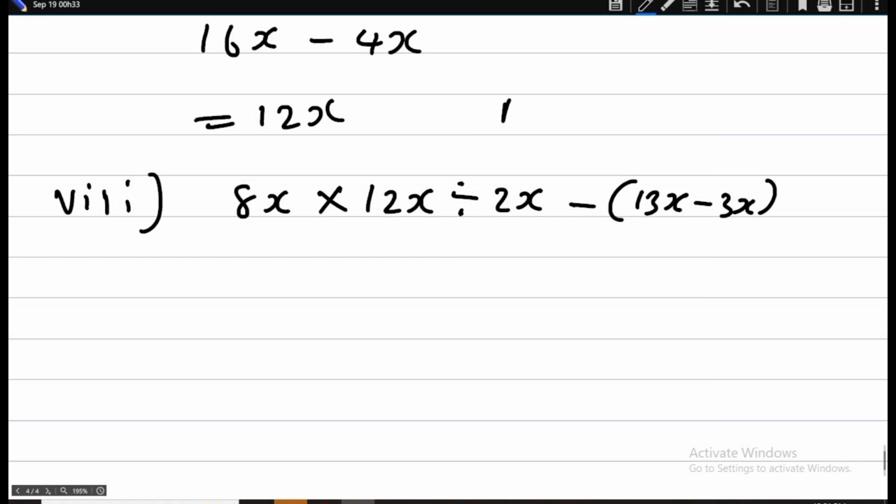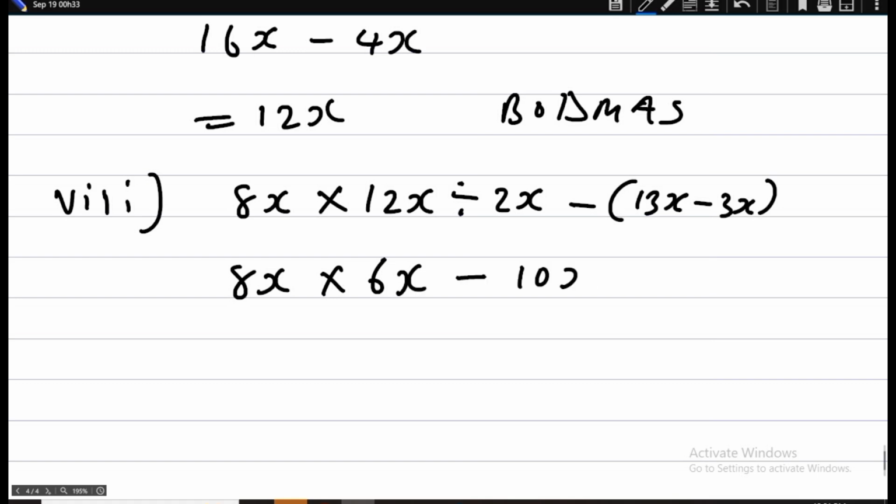Let's do the divide first. 12x divided by 2x will give you 6x. So I have 8x times 6x, then minus, inside there I'm having 10x. 8 times 6 will give you 48. So I have 48x squared, then minus 10x. So that is the final answer to that.